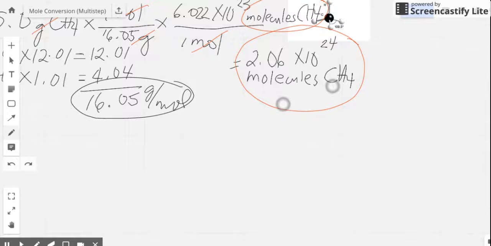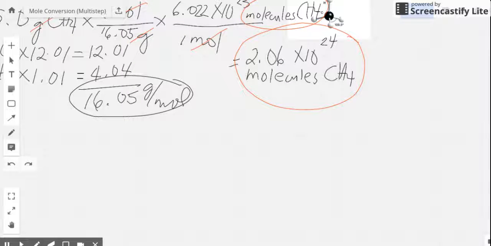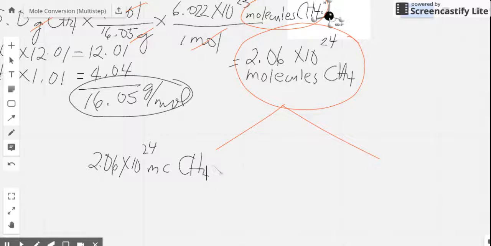To get the number of carbon and hydrogen atoms, let us look at this number here. We can approach it two ways. To get the number of carbon atoms, all we need to do is look at the ratio. So let me write down my molecules: 2.06 times 10 to the power of 24 molecules. We can write it as MC, molecules of CH4, times, in one molecule of CH4, you have one carbon atom.